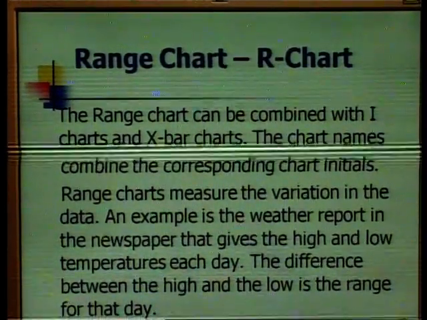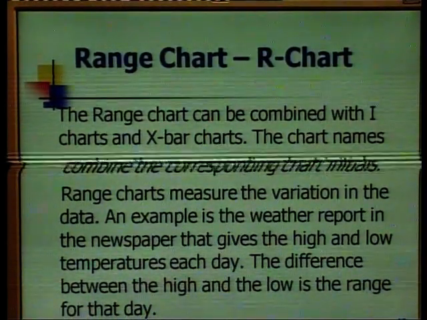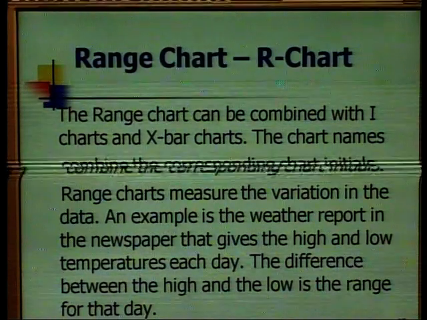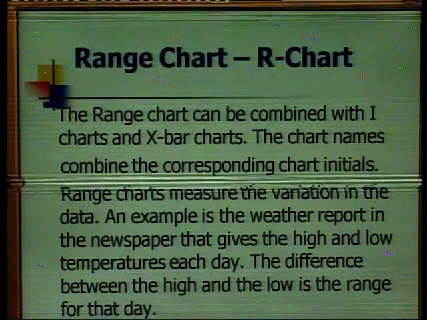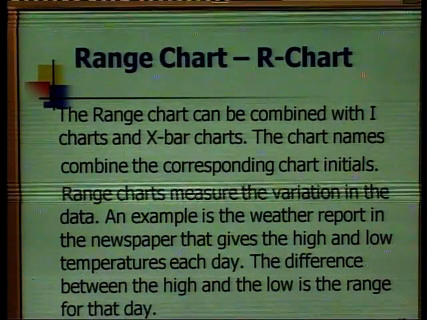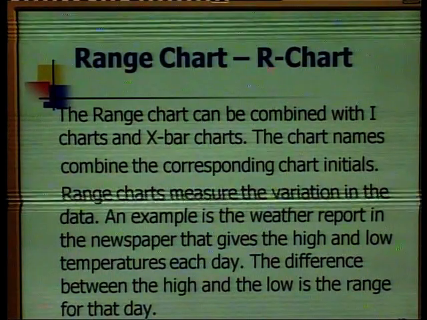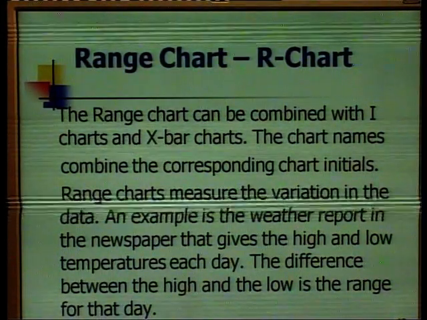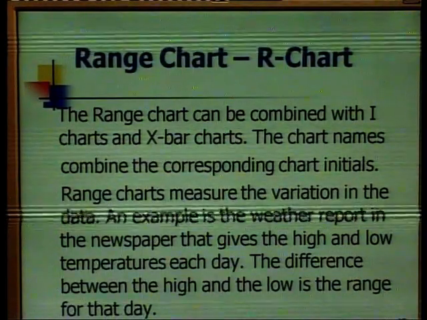Next comes the range chart, R chart. The range chart can be combined with either the individual chart or the x bar chart. The chart names combine the corresponding chart initials. Range charts measure the variation in the data, which means these charts measure the variation within the subgroups.